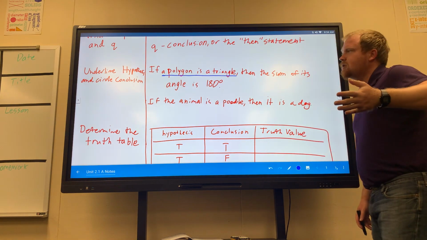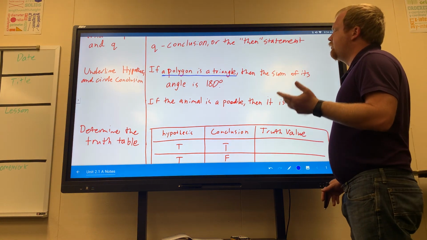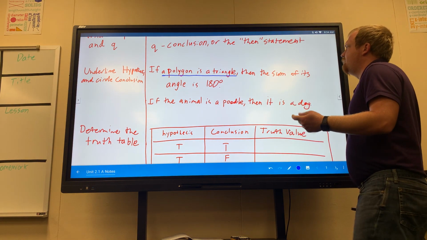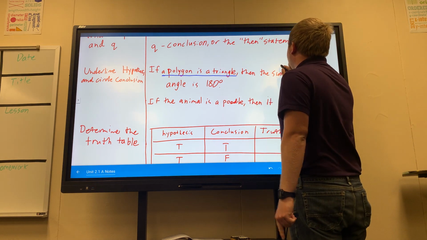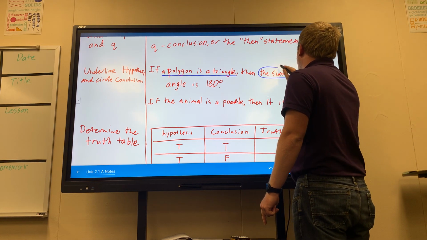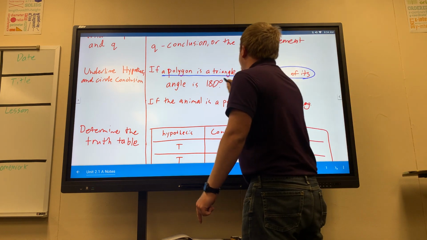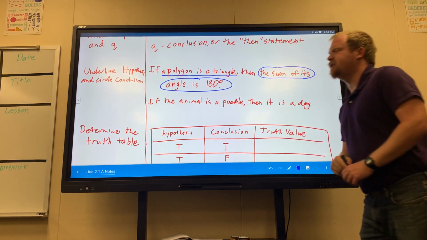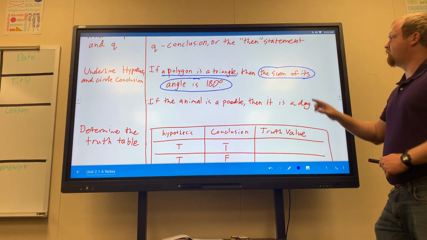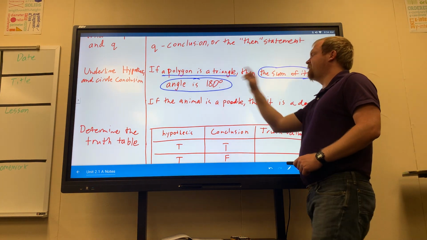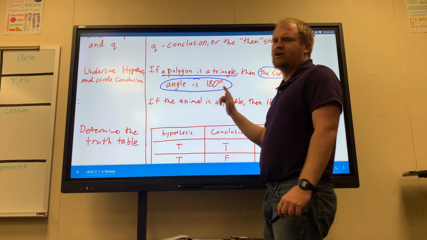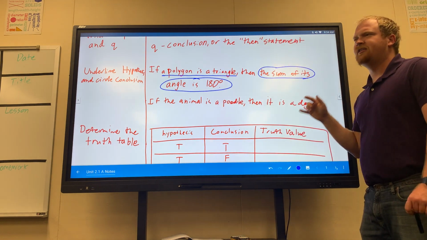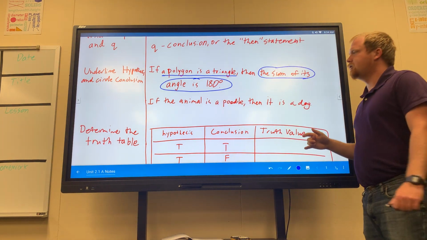Next, we're going to circle the conclusion, which comes after then. So the conclusion for the statement is the sum of its angles is 180 degrees. That's the then statement.